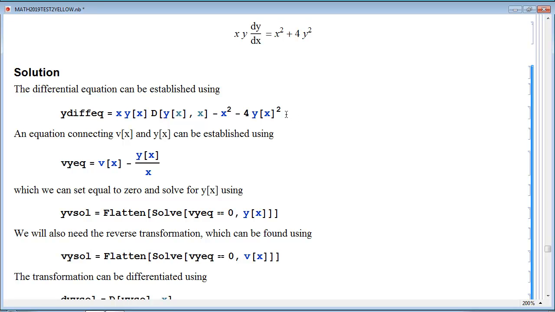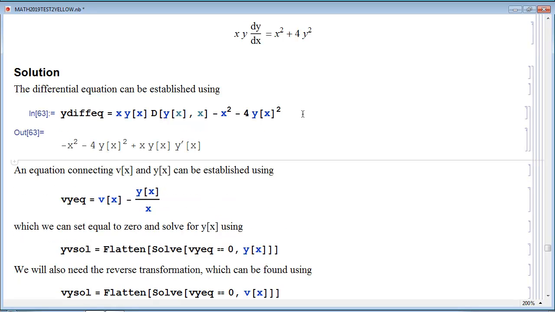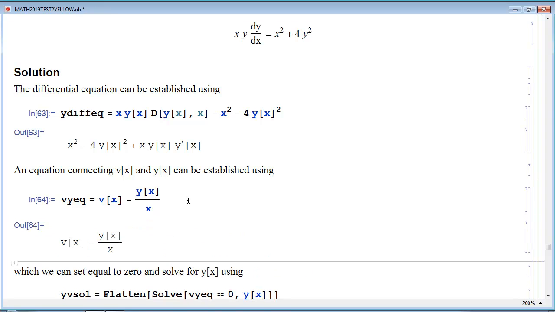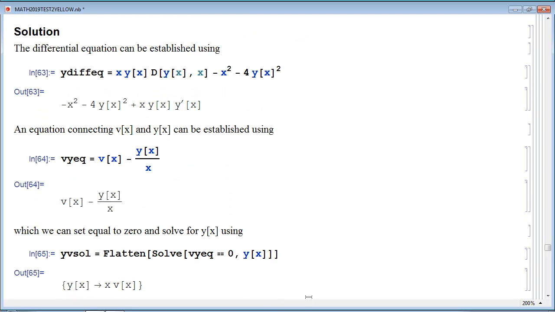Well, we first of all have to establish the differential equation, and we can do that using this. And we can establish an equation connecting the new function v of x with y of x and x using this. And then we can solve that for y as a function of v using that.